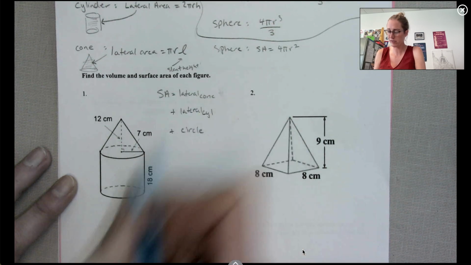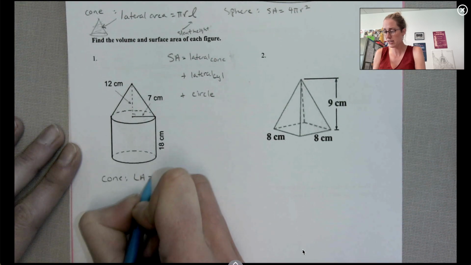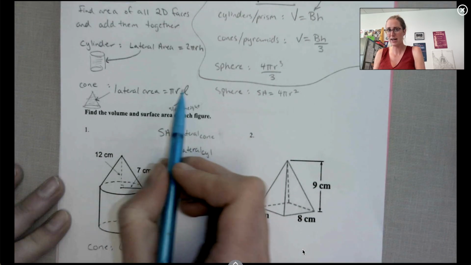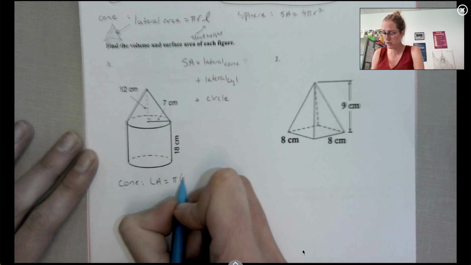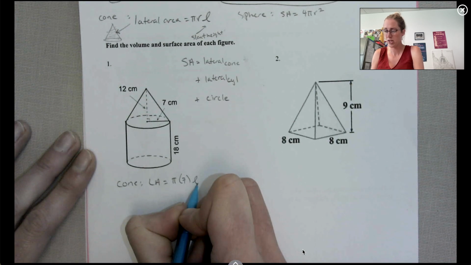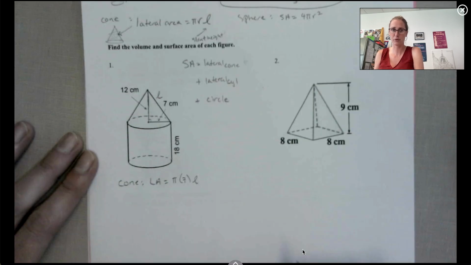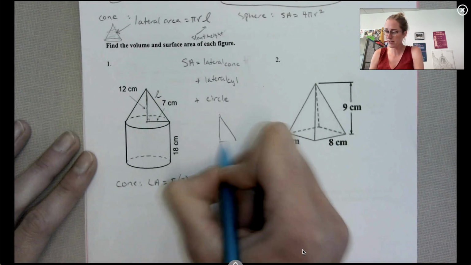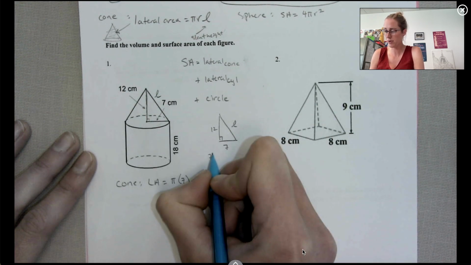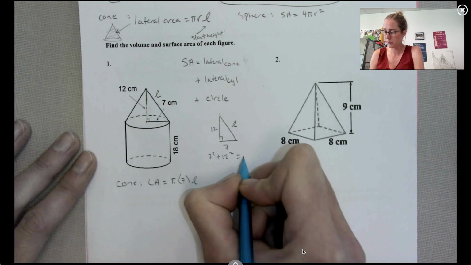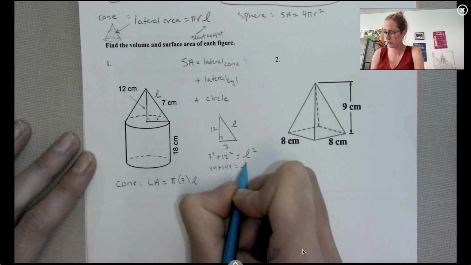So let's start with the lateral area of the cone. So cone, LA equals, so for a cone we got pi r L. So we've got pi, radius is 7, times L. So this right here is not our slant height. That's our actual height. So I'm going to have to do some Pythagorean theorem to find L. So I'm going to do 7 squared plus 12 squared equals L squared. 49 plus 144 equals L squared.